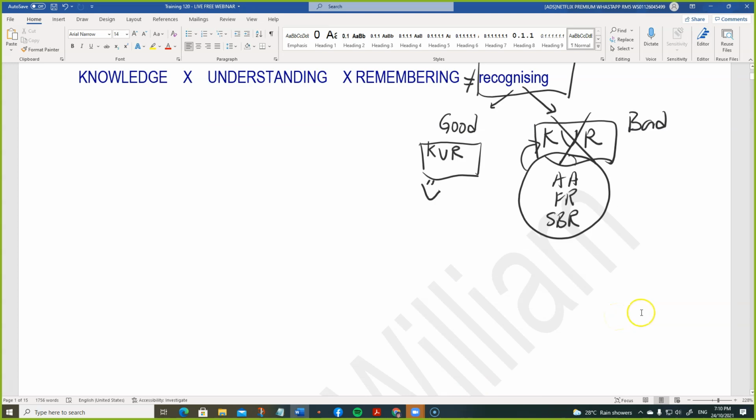But if you are not in that category, now how do you know which category you're in? Well, if you, let's say, passed your AA, and let's say you just scrape through, maybe you've got 51 or maybe 55 kind of a thing, or in your FR, you also just managed to barely scrape through. And in your SBR and FR, the same thing, you just barely scrape through. And the reason why you scrape through is because you're really lucky that there were certain questions that you prepared for, they appeared.